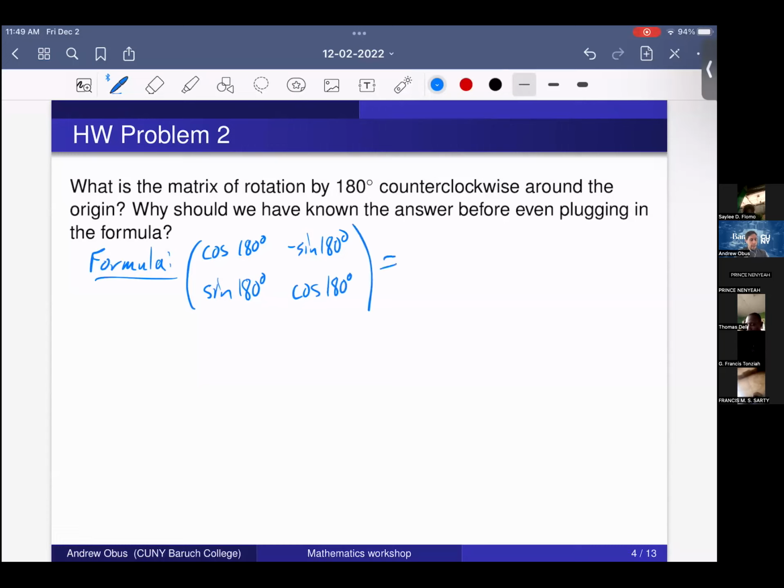Okay. And if you don't remember this that well, you can always just draw the sine curve and then draw the cosine curve. And then 180 degrees lies right here. So in this case, what is this matrix? What do we get for sine of 180 degrees and for cosine of 180 degrees?